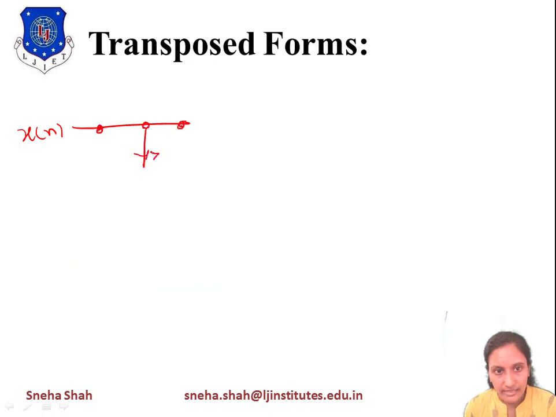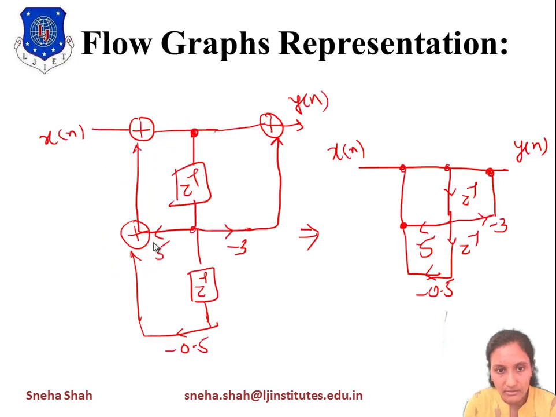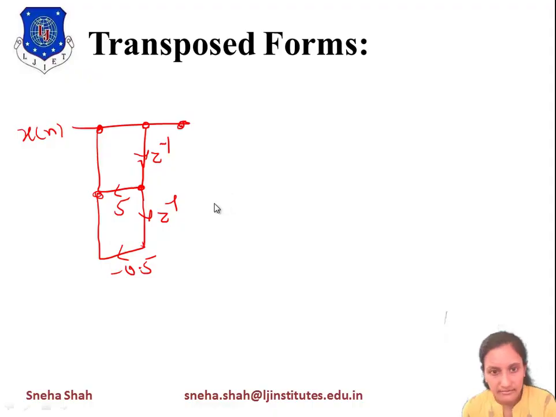Here we have taken z inverse, over here we have taken 5. From this we have taken another z inverse, over here we have taken minus 0.5, and from here we have taken minus 3, right? So it will give you the output y of n.